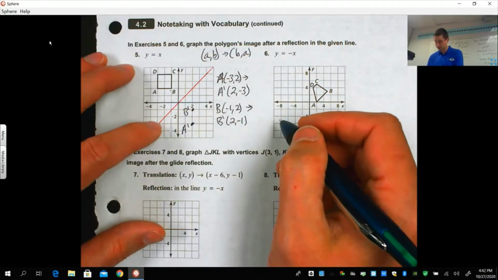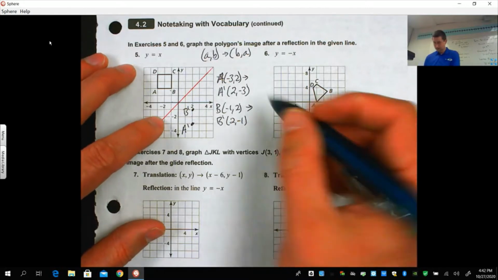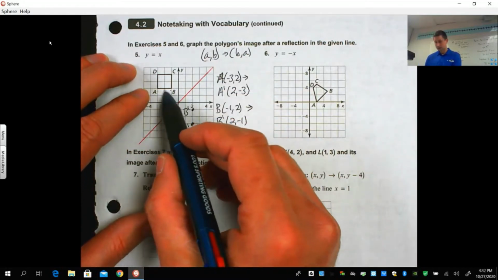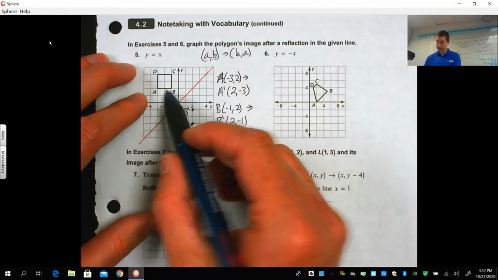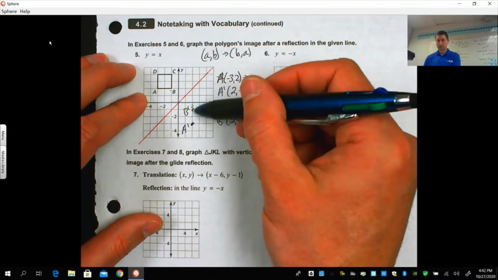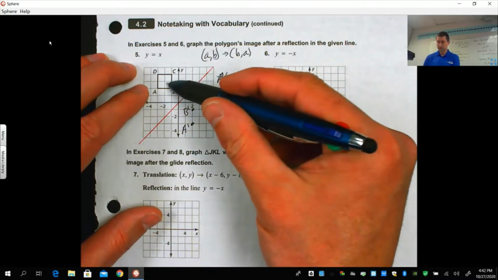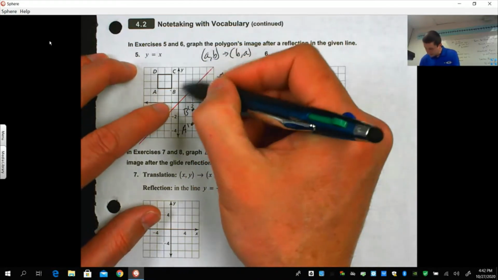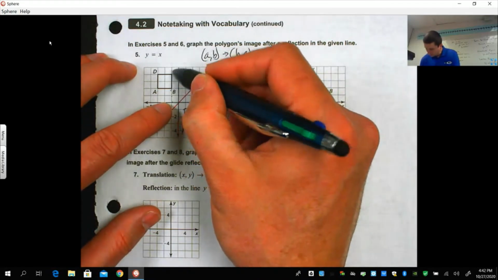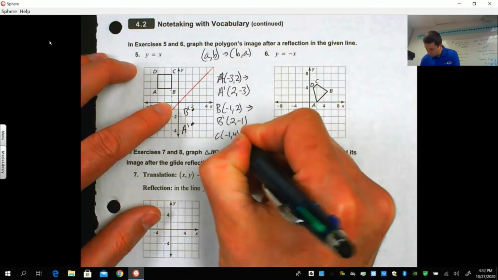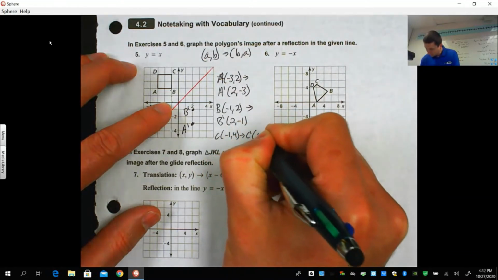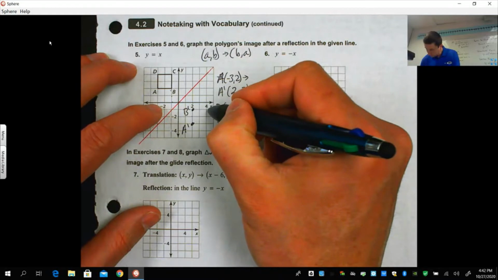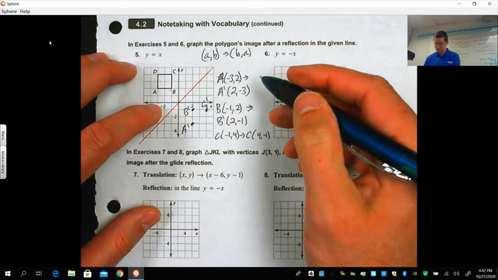Trying to get the picture where this is going to be. I want you to notice that AB is a horizontal line segment. A prime, B prime is going to be a vertical segment. That's what happens when we reflect over a diagonal line. C is at negative 1, 4. C prime is going to be at 4, negative 1. There's C prime.